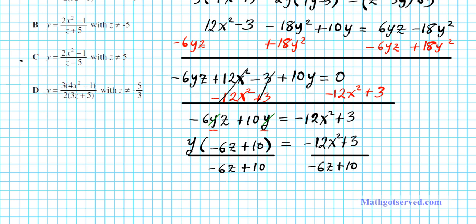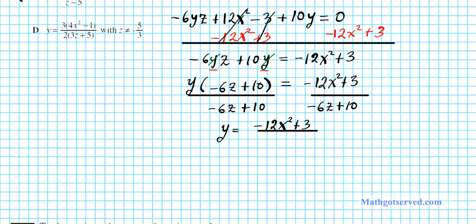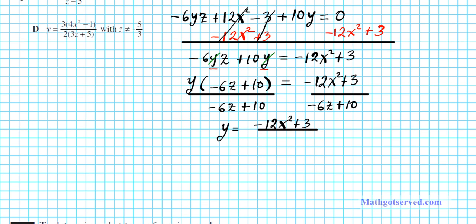Okay, if we do that, we're going to end up with y equals negative 12x squared plus 3 divided by negative 6z plus 10.